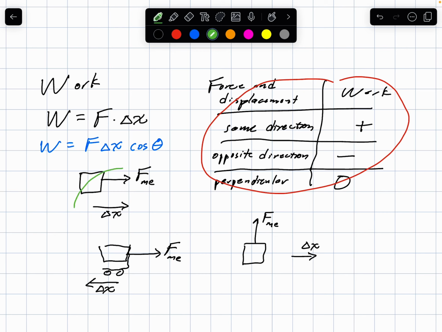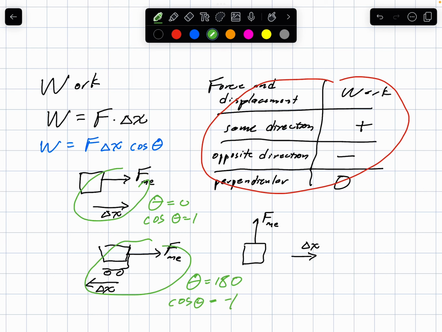In this situation, theta is 0. So cosine of theta equals 1. In this situation, theta is 180 degrees. So cosine of theta is negative 1. And that gives us this, right? In this situation, theta is 90. Cosine of theta is 0. And that gives us this.